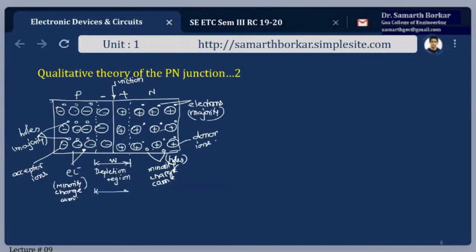Accordingly, we are going to have a potential difference, also referred to as barrier potential, developing on account of the electric field due to this plus and minus region, and this is how the electric field is represented. So this potential which is developed across this depletion region is acting as a barrier for further movement of free charge carriers.